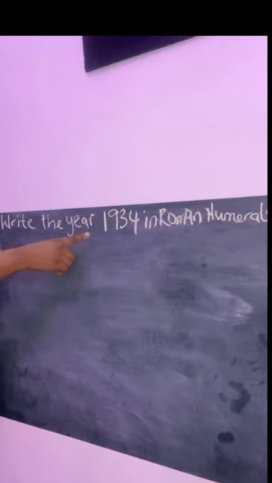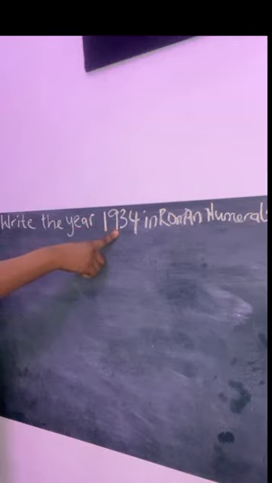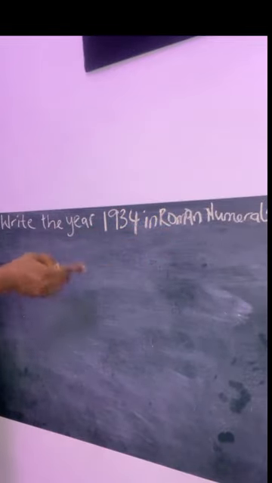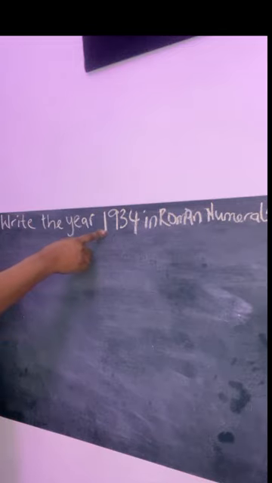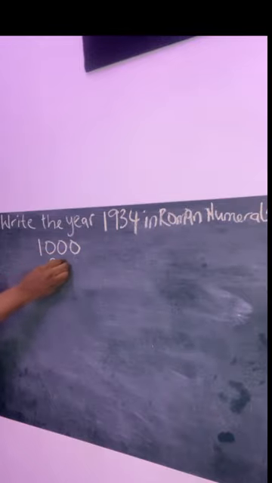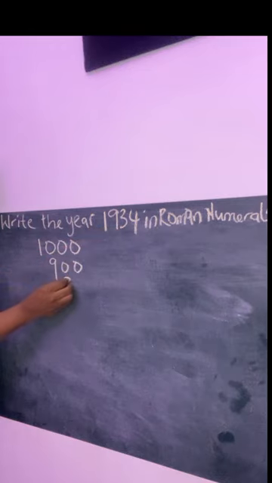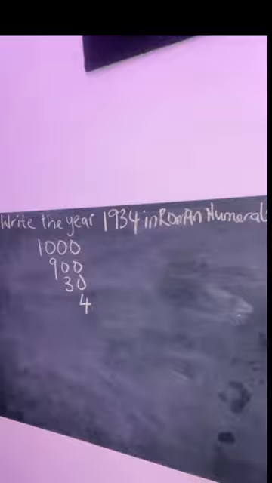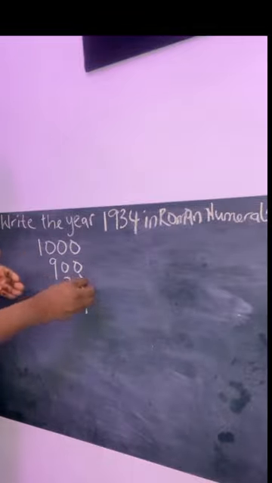So we have another question here. Write the year 1934 in Roman numerals. In this question, we are going to be changing to a Roman numeral. We have to break them down singly so that we'll be able to get the right Roman numerals.